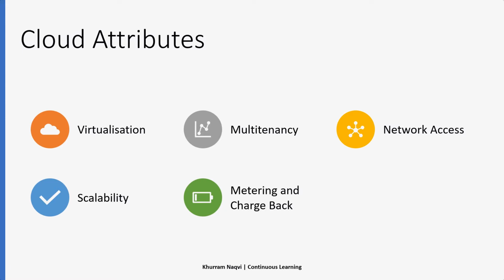In a multi-tenancy, multiple users are created on a host, and all of them are given the rights. If a host has multiple VMs on it, those VMs cannot communicate with each other.